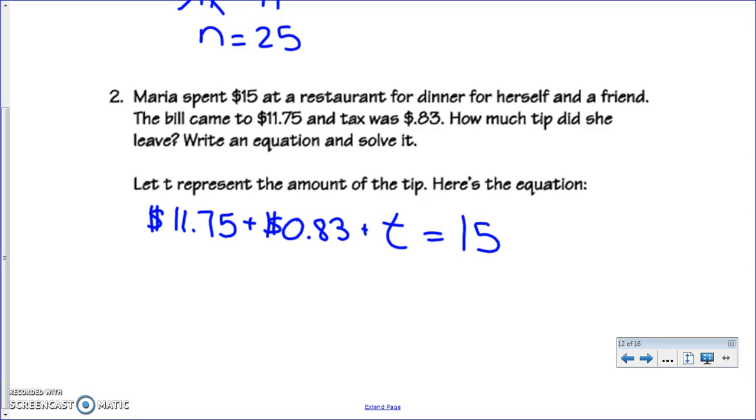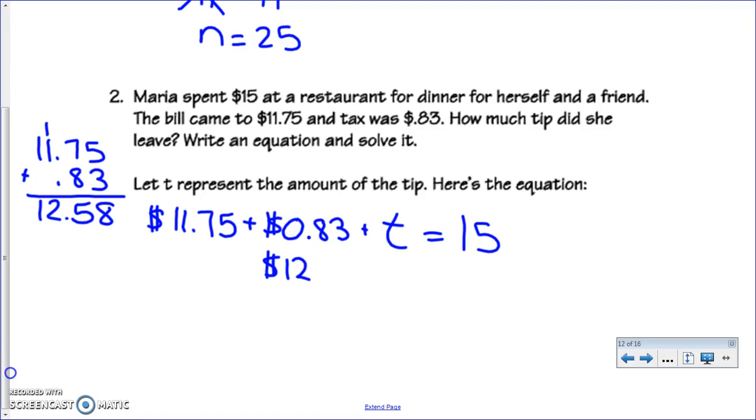So we need to get that all together as one number. When we add $11.75 and 83 cents, we get $12.58. So now we have $12.58 + t = 15.